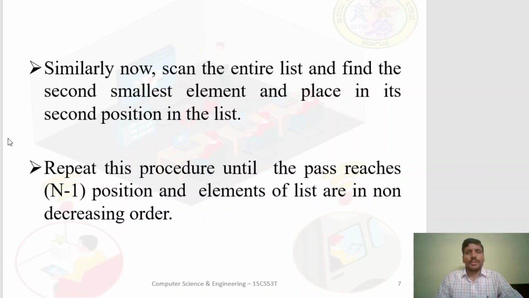Similarly, scan the entire list and find the second smallest element and place it in the second position in the list. So till how many times we have to do this repeated process? Till the array index or the passes reaches the n minus 1 position and elements of the list are in non-decreasing order. That means in sorted manner, right?